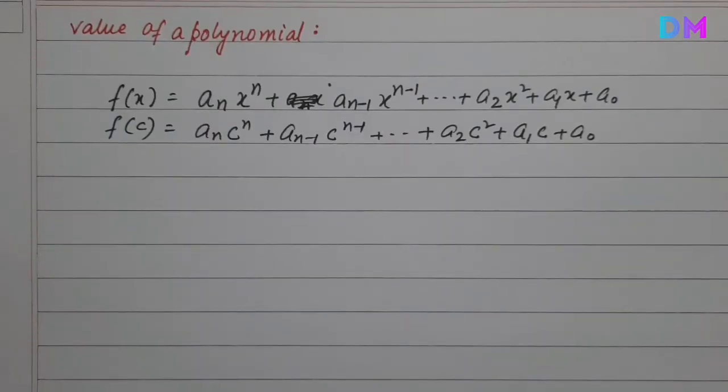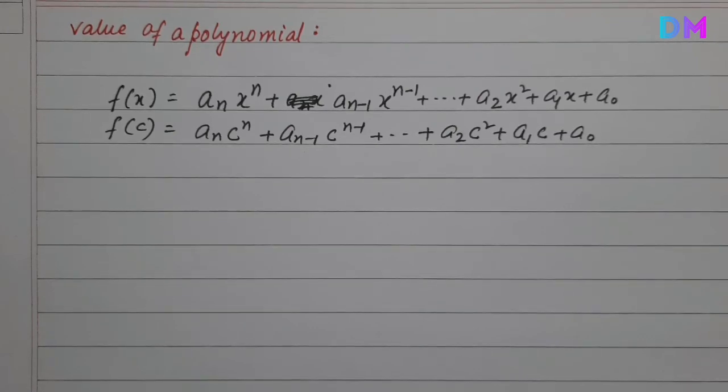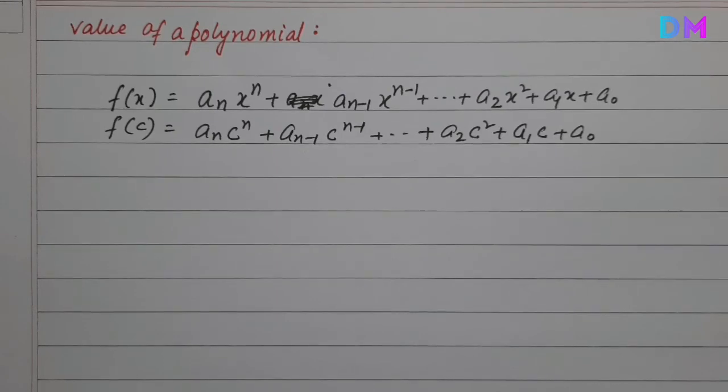Now next we will learn about the value of a polynomial. Suppose f(x) is a polynomial in normal form, a_n x to the power n plus a_(n-1) x to the power n minus 1 and so on, a_2 x square plus a_1 x plus a_0. Then f(c), which is the value of the polynomial f(x) at x equals c, is found by replacing x by c.